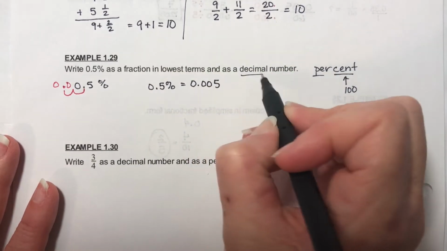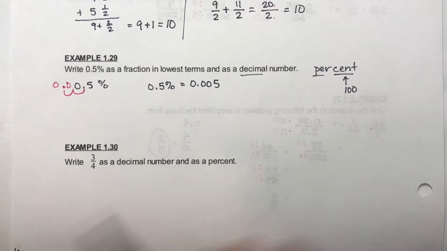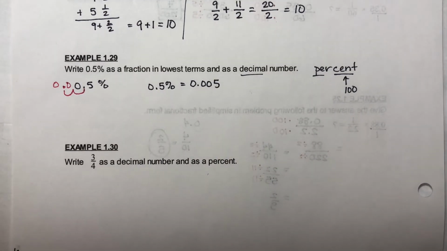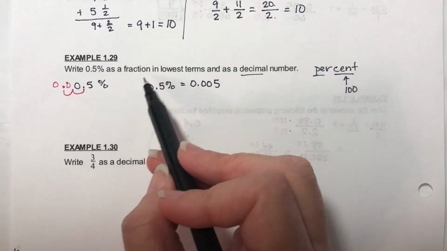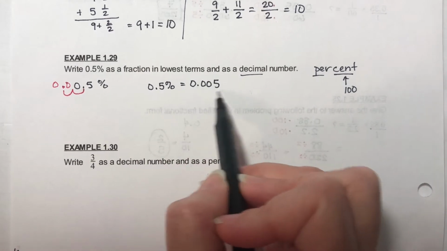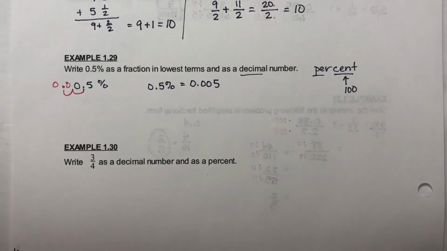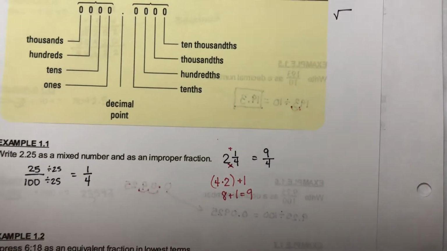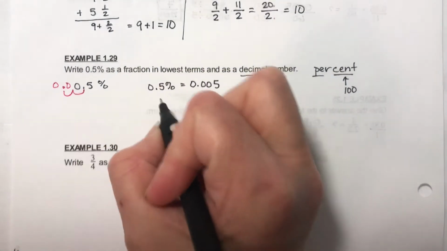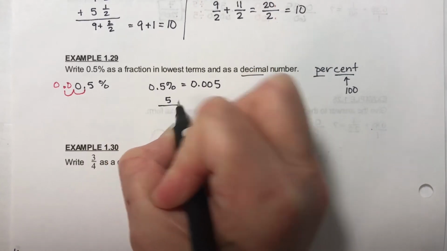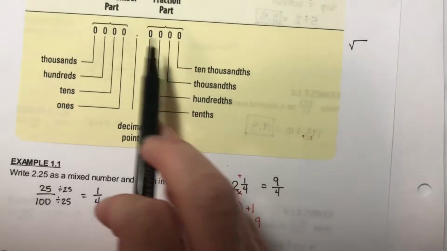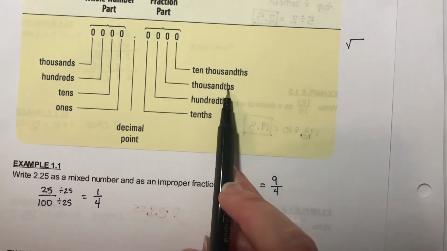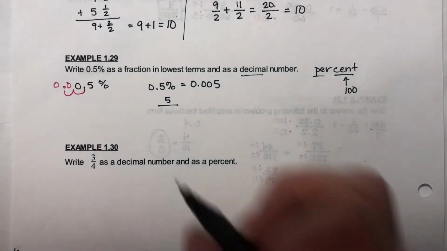Okay, so that's the decimal number that's generally the easiest to deal with. Now we need to go to a fraction. Again, I find it easier to go to the decimal first and then use your place values and create your fraction and then reduce it. So this is going to be 5 over, it's got 3 decimal places, tenths, hundredths, thousandths. So I put it over 1,000.